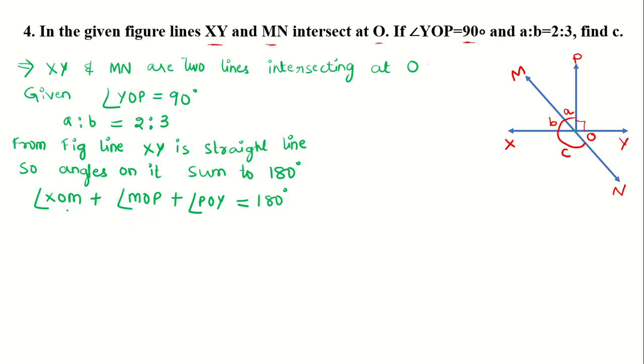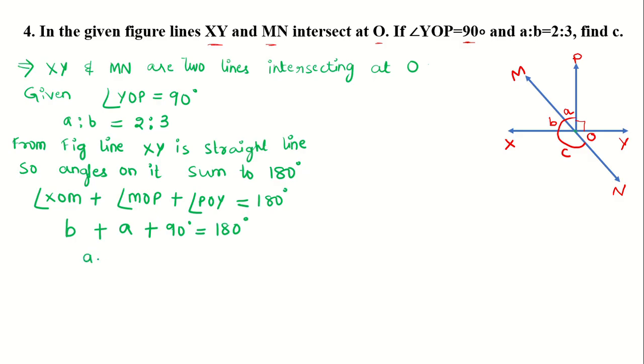Angle XOM, from the figure, is given as B, plus angle MOP, which is given as A, plus angle POY, which is 90 degrees, which equals 180 degrees.